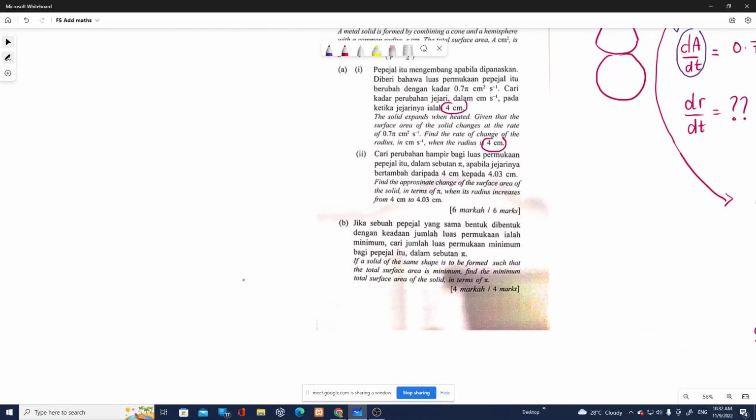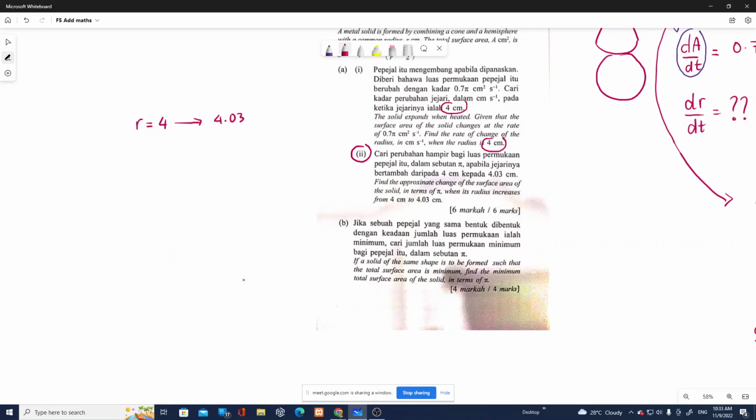Okay. Now we are doing this question. Kita tengah buat soalan ni. Cari perubahan hampir bagi luas permukaan dalam sebutan pi apabila jejari bertambah dari 4 kepada 4.03. So jejari di sini ialah 4. Simbol yang kita guna ialah R untuk jejari. Asal dia 4. Sekarang jejari sudah menjadi 4.03.